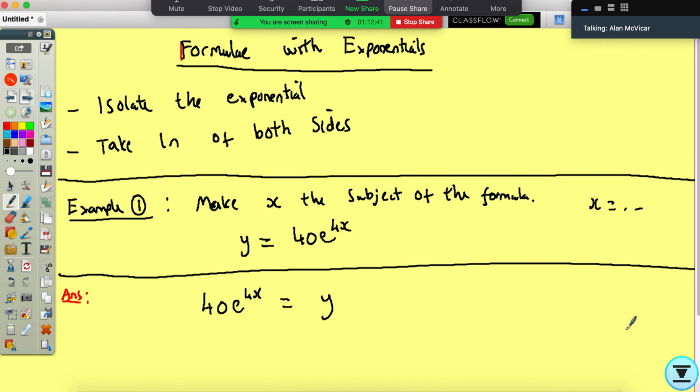Right, now what I would love to do at this point is go, right, don't copy this. So I'm just showing, I'd like to go ln and ln. Oh, that ln cancels out with that e. It doesn't. There's that 40 in the way. So I can't take the natural log because that 40 is a big barrier to what I'm trying to do.